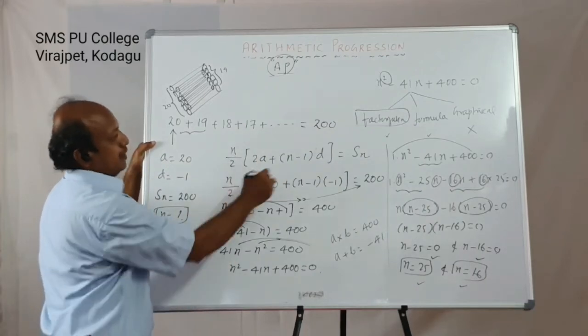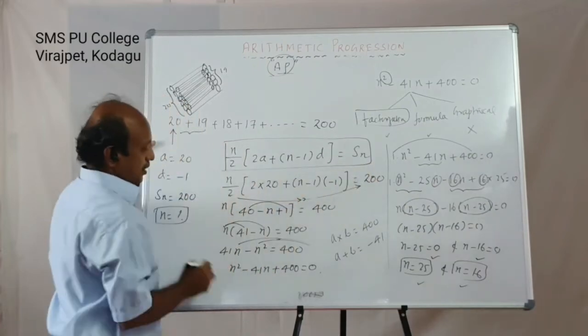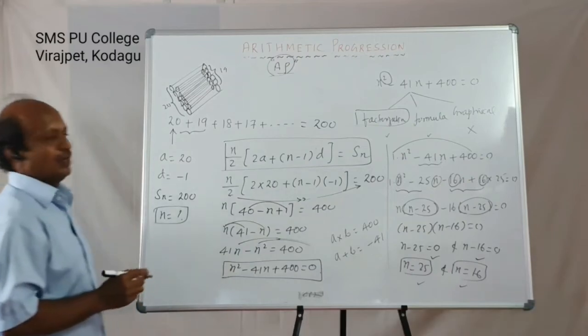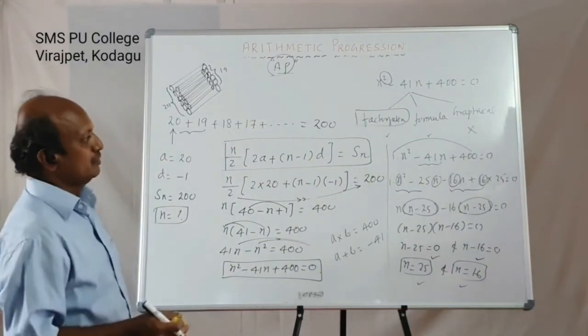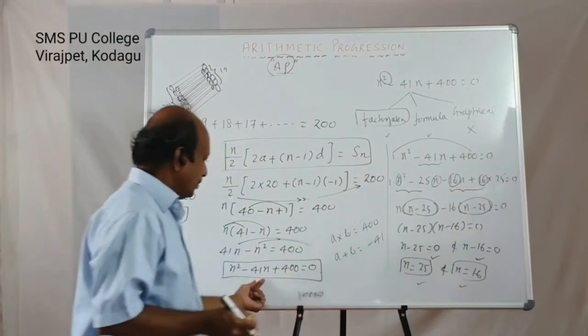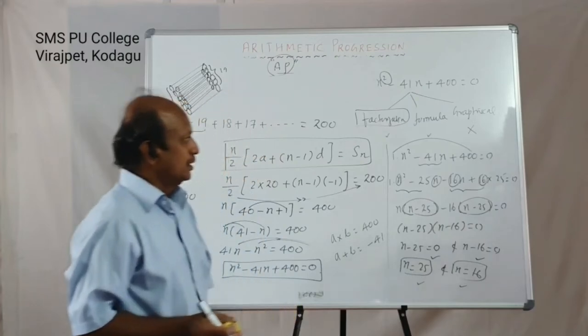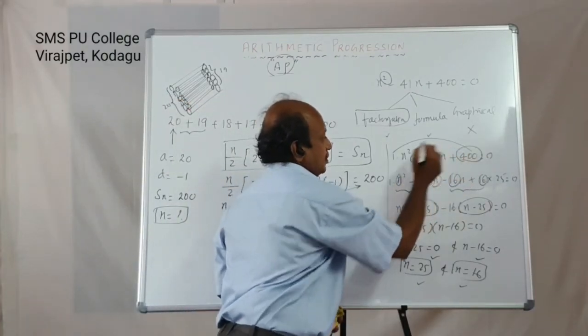When you substitute all these values in this formula, you get a quadratic equation. You have to solve this quadratic equation either by the factorization method or by the formula method. Splitting the middle term is very easy. I went by splitting the middle term. The sum of two numbers is minus 41 and the product is 400.